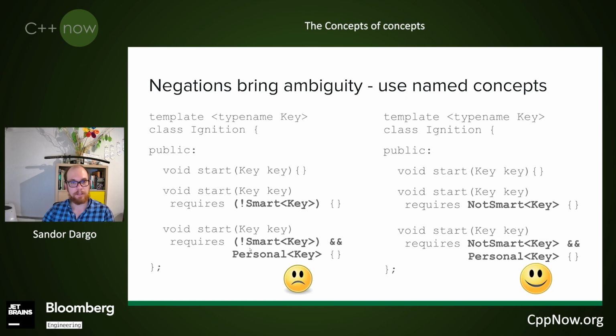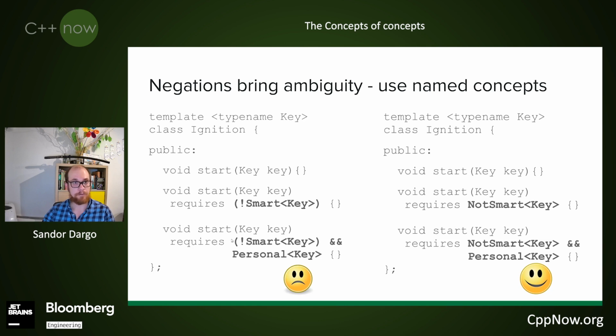When you rely on multiple overloads and subsumption to choose the most constrained implementation, you have to take into account that subsumption rules will take into account the source location of each constraint, and the negation and the parentheses are part of the expression, meaning that this not smart key between parentheses, and before you ask, you must use parentheses when you have the negation, has two different source locations, because one is defined here with the second overload, and the other one is defined here in the last overload.